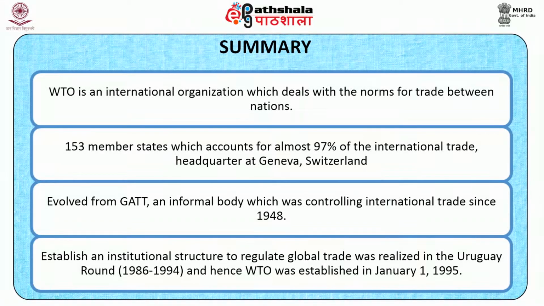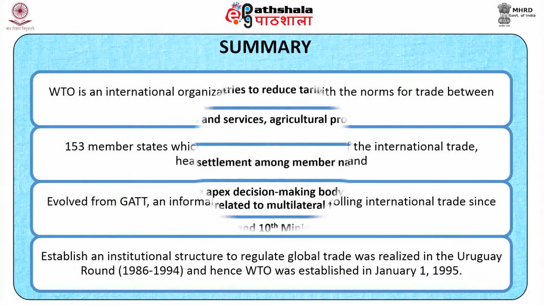However, over time, as trade complexities increased, the requirement of a formal body to establish an institutional structure to regulate global trade was realized in the Uruguay Round in the period 1986 to 94, and hence WTO was established in January 1995.